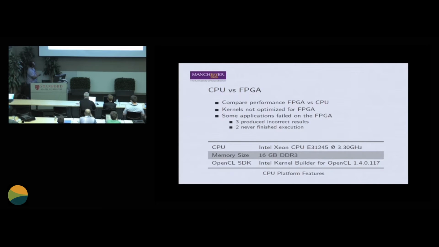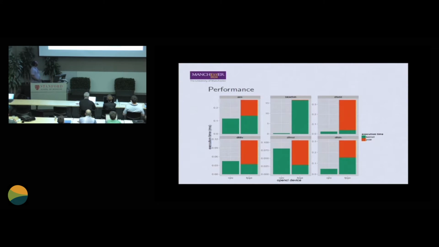Okay. So the CPU platform we're comparing against the FPGA card I showed earlier is basically a Xeon CPU. It has 16 gigabytes of RAM, and I think we used the latest Intel OpenCL compiler when we did the experiment. So this is what performance looks like.